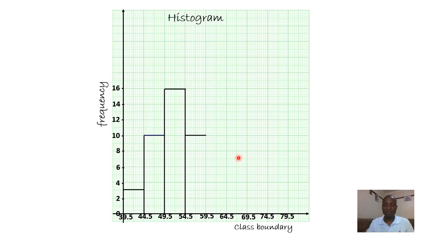And then the next is 4, so 4 is here. Then the next is 5. 5 is around here, stops there.